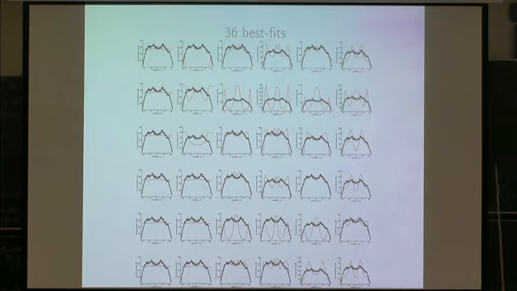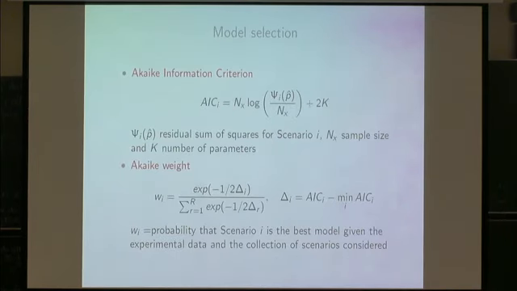So we get the best fit, but now the big problem is to understand what the best scenario is. We need to take into account the goodness of the fit, but not only that: we also need to take into account the number of parameters, because in the linear turnover we have only 2 parameters, and in the nonlinear turnover we have 4 parameters.